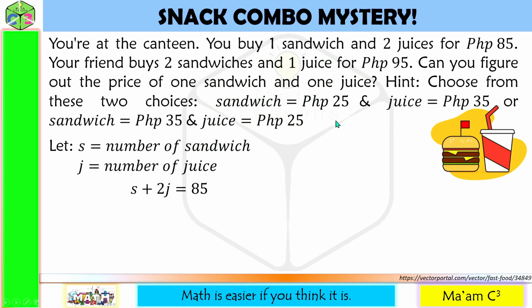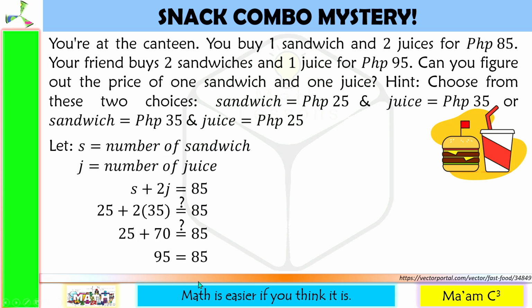So I will substitute 25 for S and 35 for J. 2 times 35 is 70. 25 plus 70 is 95. Are they equal? No, they are not. So meaning, the sandwich is not 25 pesos and the juice is not 35 pesos.